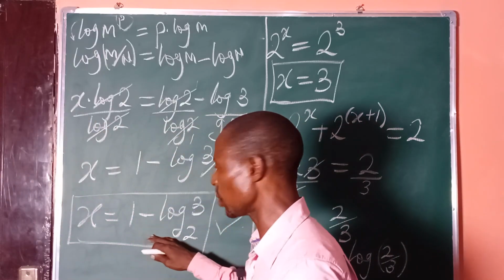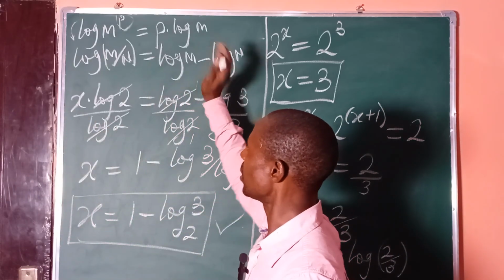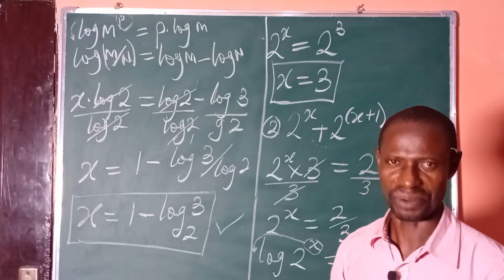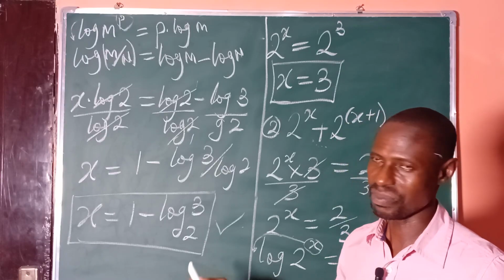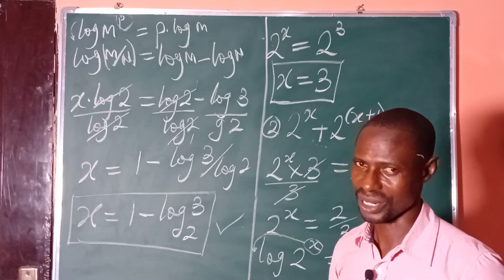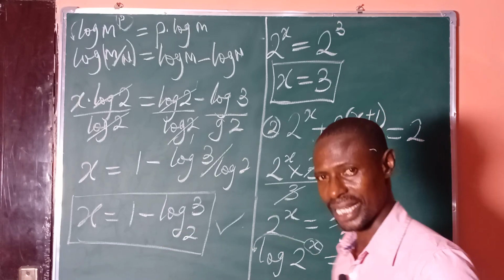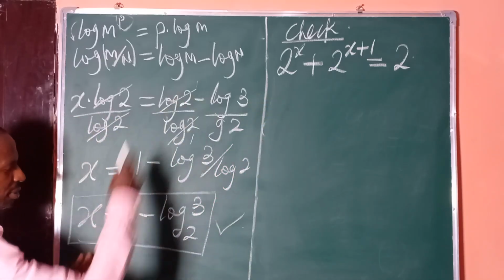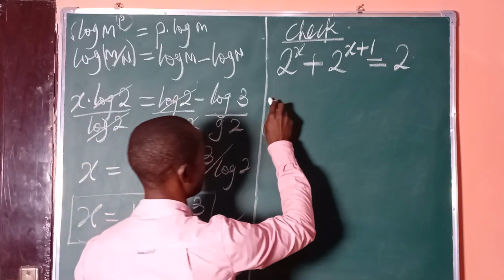If you substitute the whole of this into the original equation, it will give you 2. We can do a simple check to verify if this will actually satisfy the original equation. So let's check it out. From our equation, wherever we see x, we put this in there.